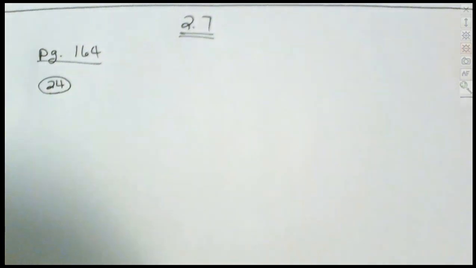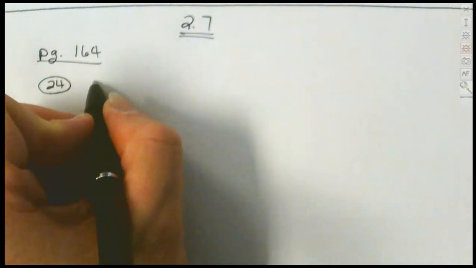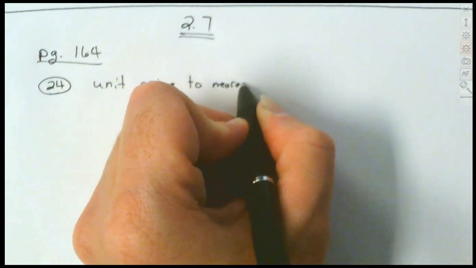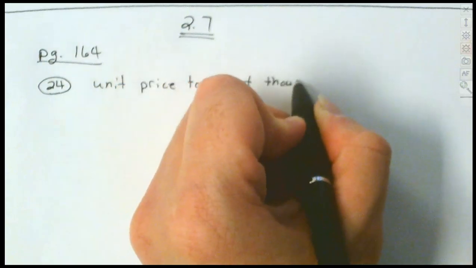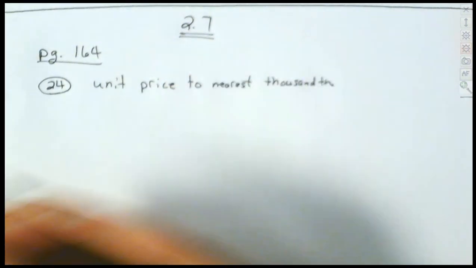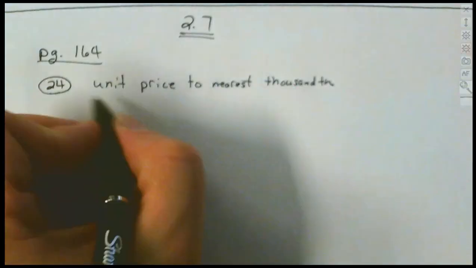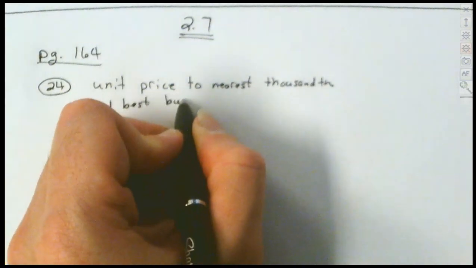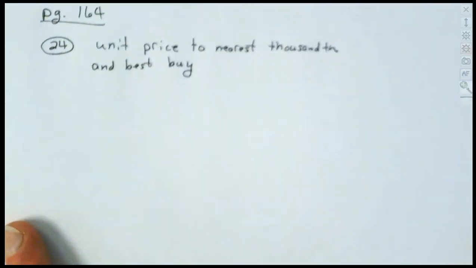What we want is to find the best buy, and we want the unit price to the nearest thousandth.